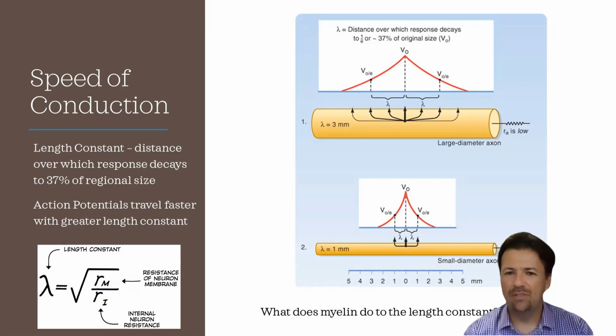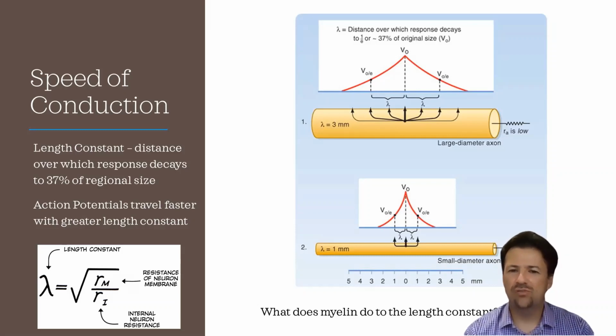Smaller diameter neurons have higher internal neuronal resistances. The end result of that means that your length constant is going to be smaller, and so the action potential is going to travel more slowly. Let me go over that again.